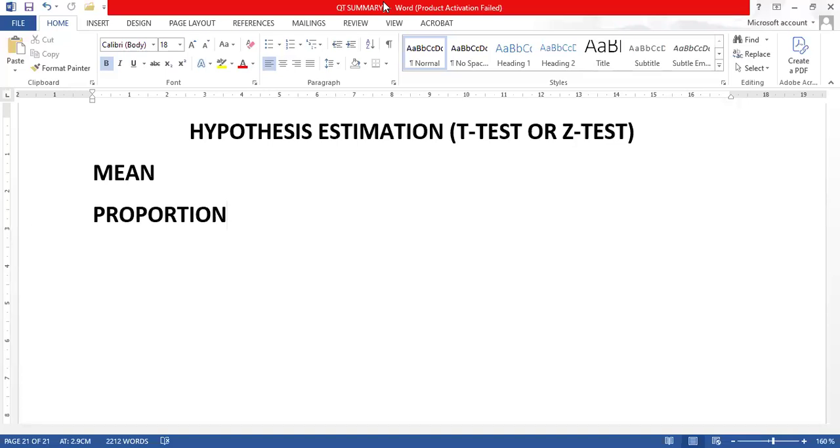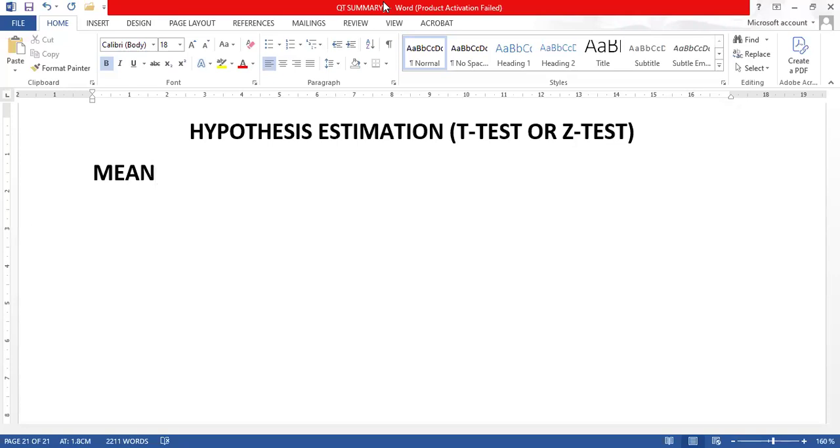We are going to see how you handle a question where you're given a proportion. There you will be looking for the population proportion, not the population mean. Like in this question, we are just trying to estimate where our population mean will be, because we are given a sample mean.